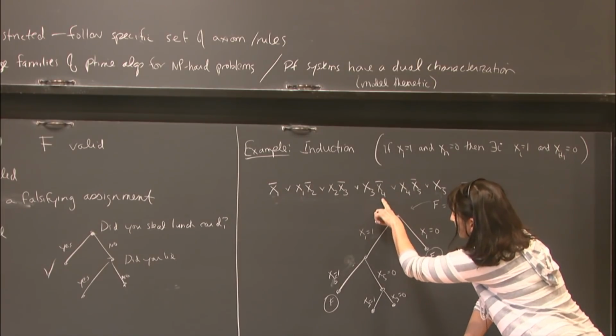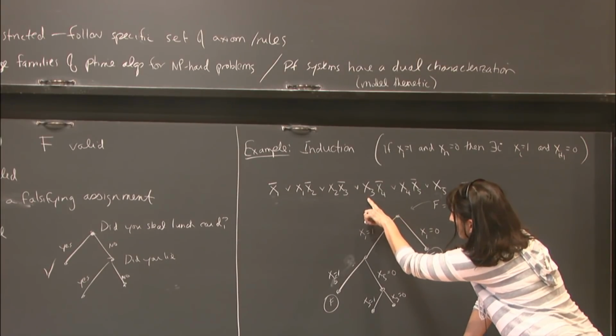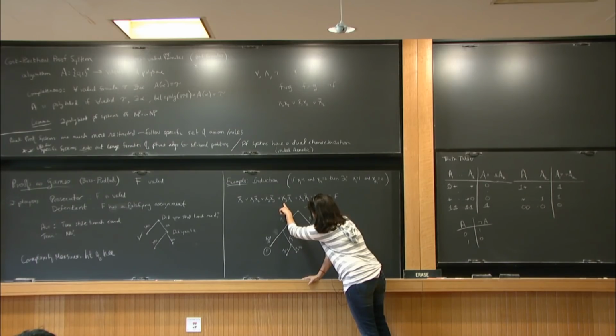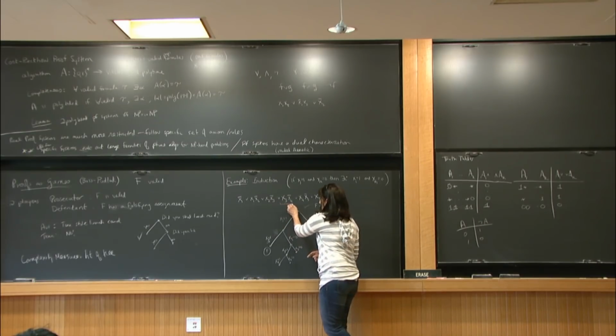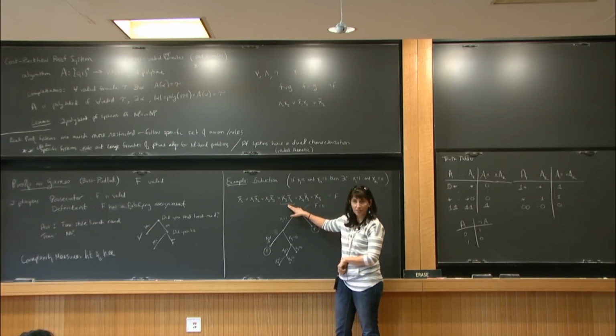No, I think I want to set x4 then. Okay, so when x3 is 1 and x4 is 0, then this has been made set to true.